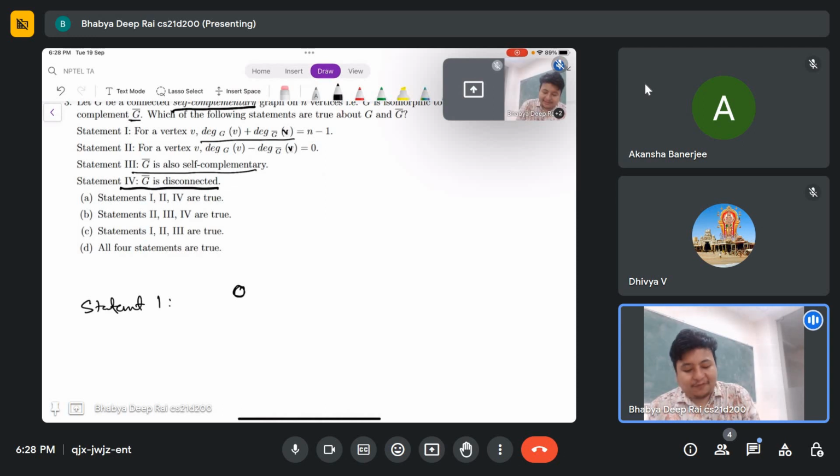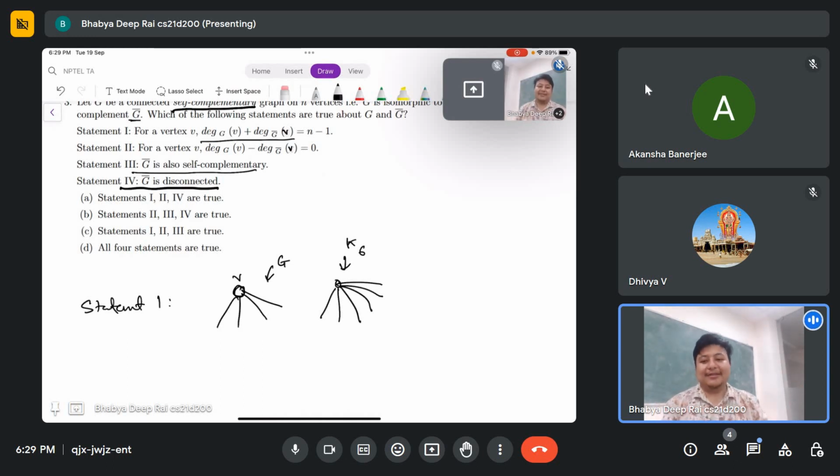Let's just focus on one vertex V, and let's say this is the vertex in G, and this is in the complete graph K n. Let's say K 6, the complete graph of 6 vertices, and G has 6 vertices.